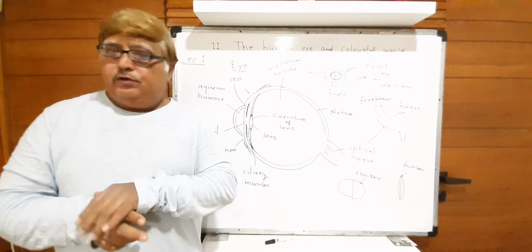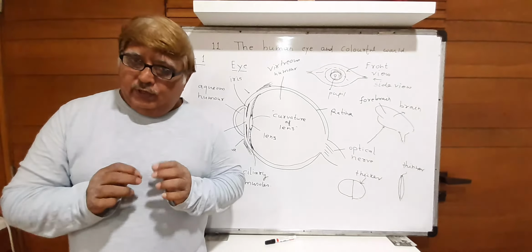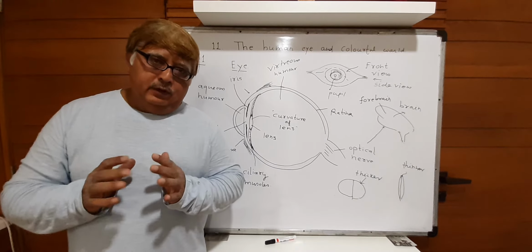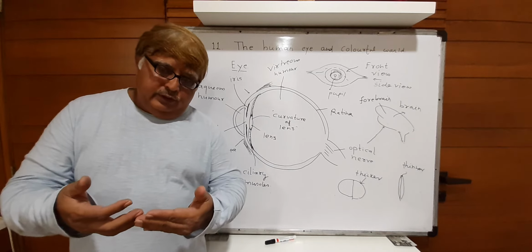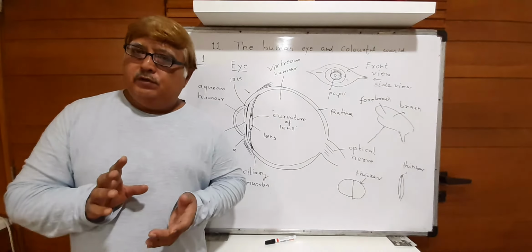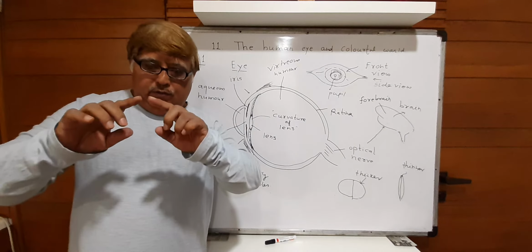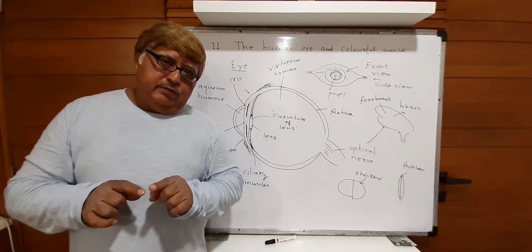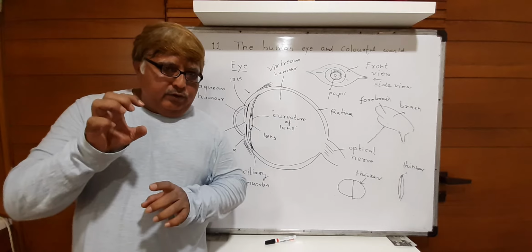Exactly opposite to that, whenever you want to see a nearby object clearly, the ciliary muscle tries to increase the curvature of the lens by contraction.